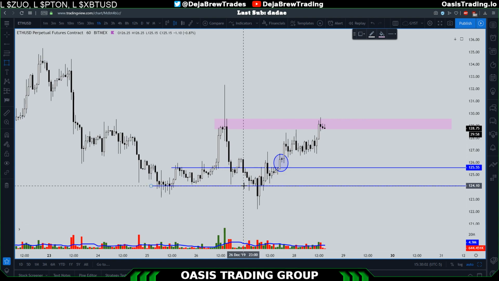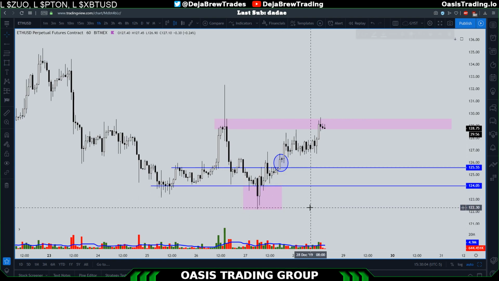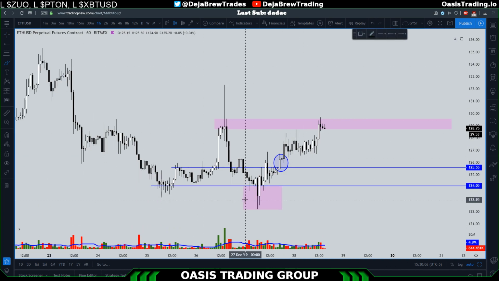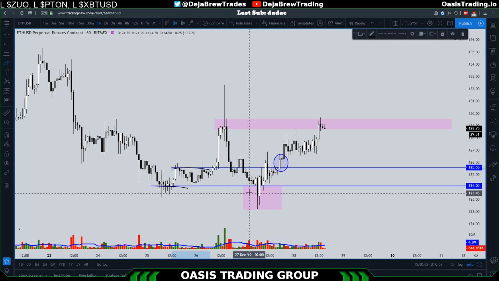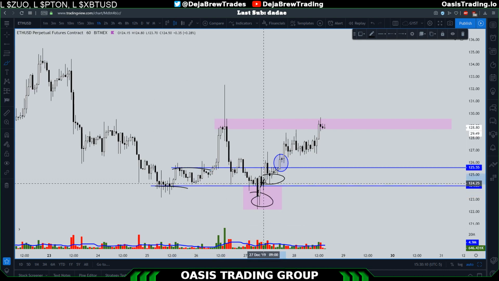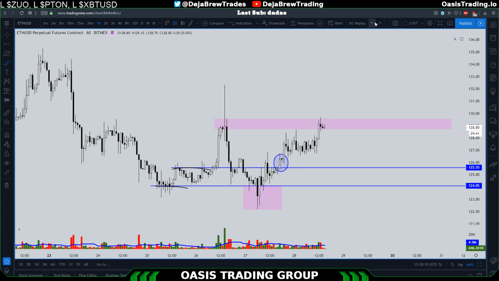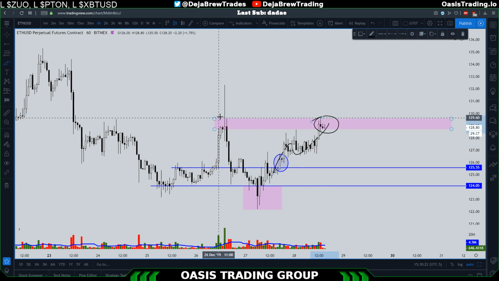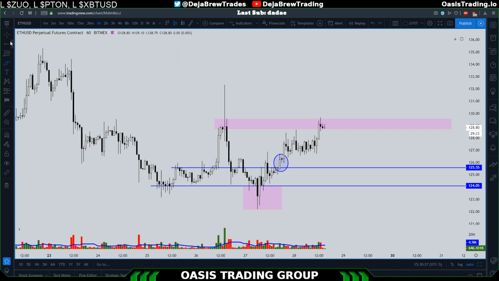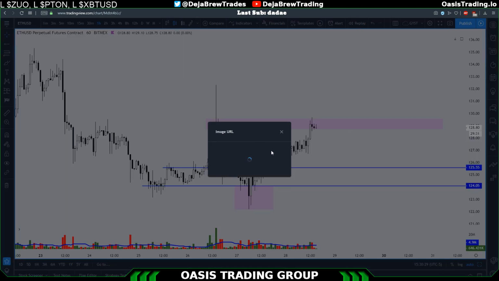This becomes a deviation, which I tell you guys about when you're using accumulation distribution techniques. You have your range, deviation, regain of your range. You could have bought the pullback here, or you could have bought the Quasimodo breakout there. And then you have the push towards your inefficiency. This is exactly what we're looking for on Bitcoin.